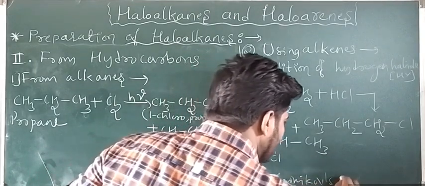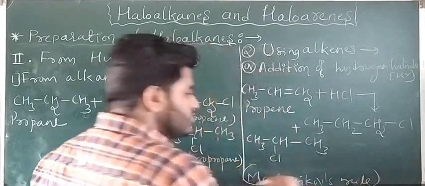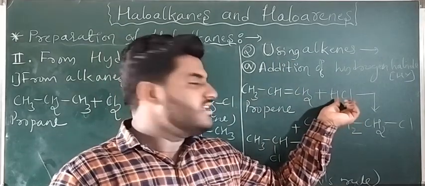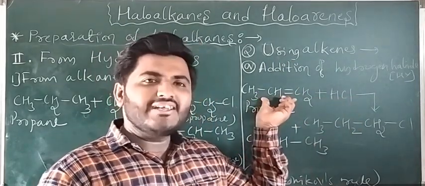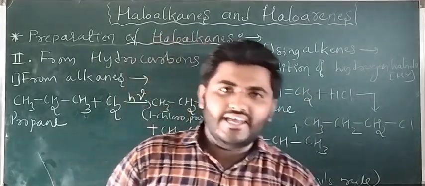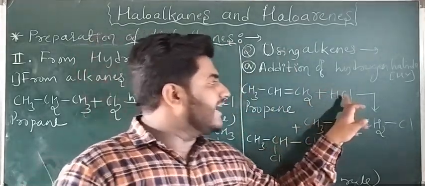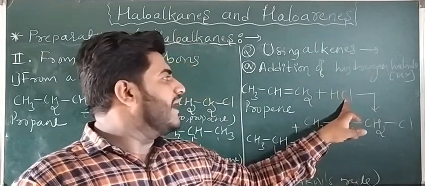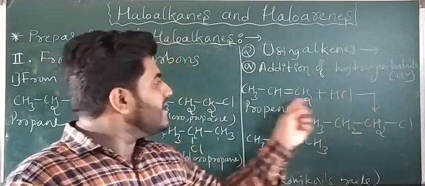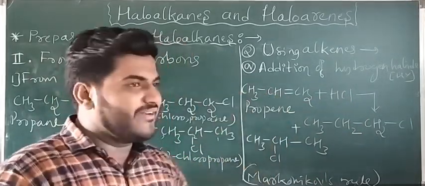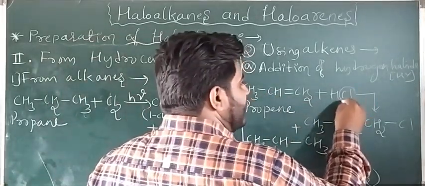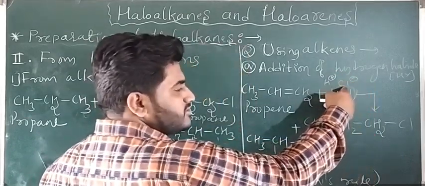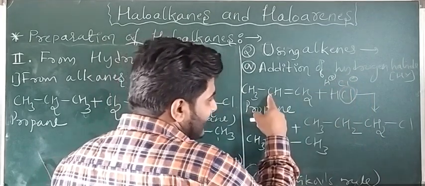So what Markovnikov's rule tells is, when we are adding any hydrogen halide to an unsymmetrical alkene, and this one is an unsymmetrical alkene, we have to add the negative part of the halo acid, that means Cl here, to the carbon containing the lesser number of hydrogen atoms. Look at here, this is the negative part, Cl minus and H plus. So the negative part, Cl minus, must go to the carbon containing lesser number of hydrogen atoms.